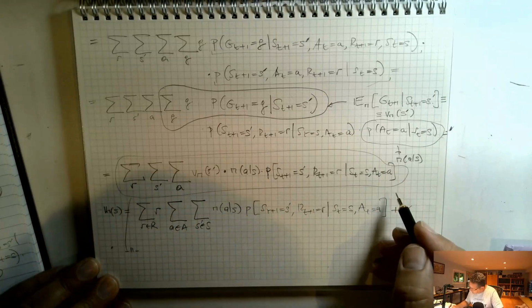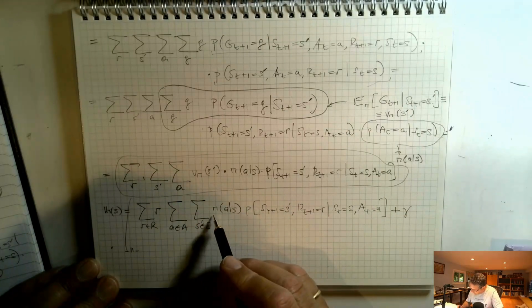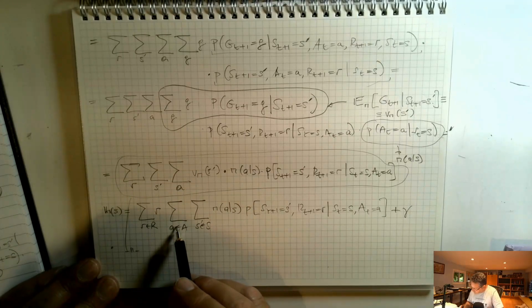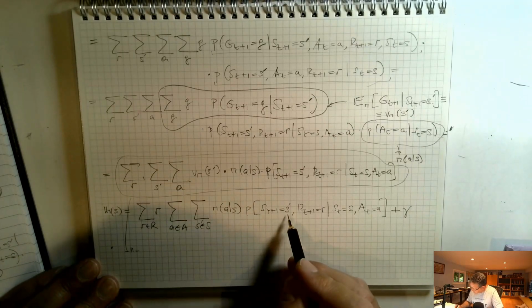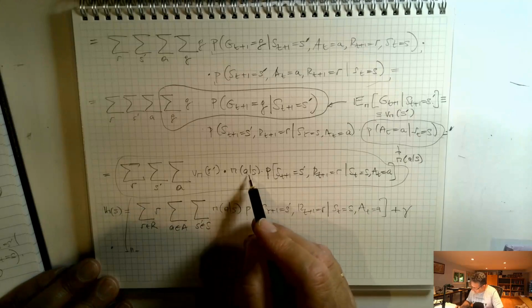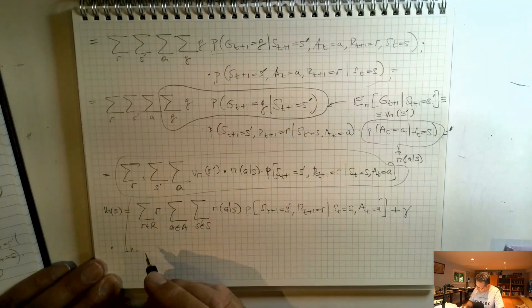And we can see here the common terms. We have pi and the transition, including all of the summations that depend on these s primes that we have here, and also the actions, pi of a given s.